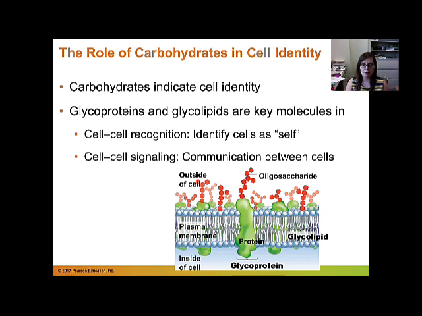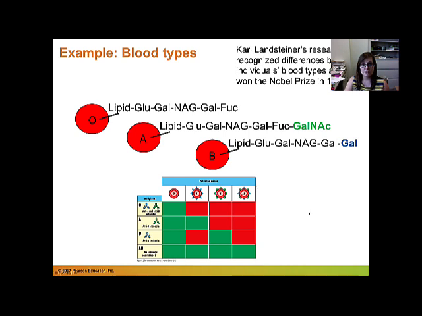Identifies cells as self, or it helps communicate between the two cells. So an example of this is blood types. Karl Landsteiner's research was recognized for discovering the blood types and mapping them out, and he won the Nobel Prize in 1930.